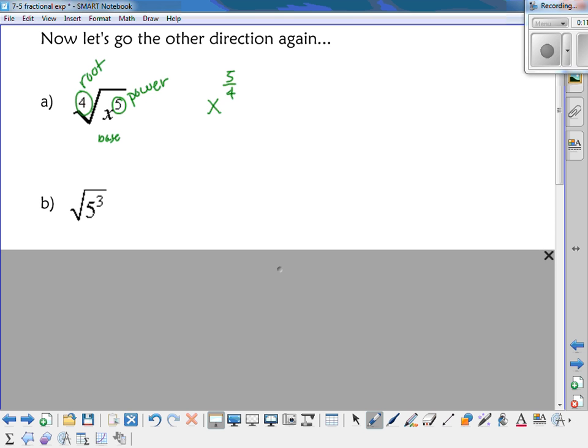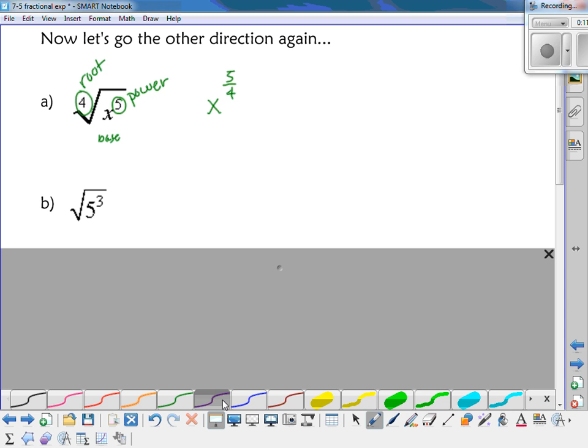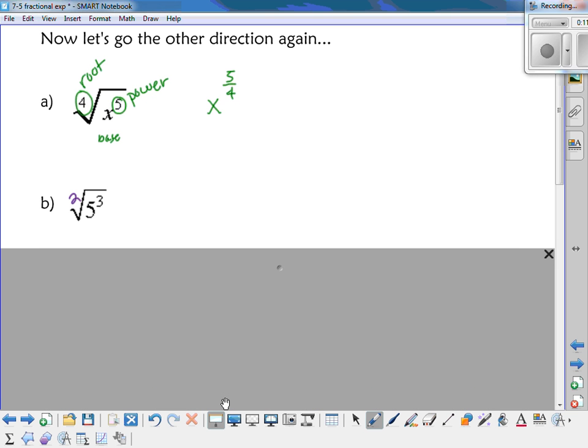And if you have a square root, what number do we have to assume is in there? A 2. Don't forget about that too. So if it helps you to write it, go ahead and write it. So my power is on top. That's the 3. The root's on the bottom. That's 2. So it would be 5 to the 3/2.